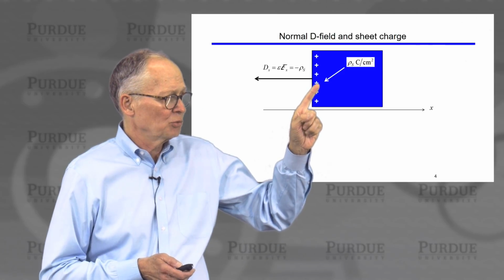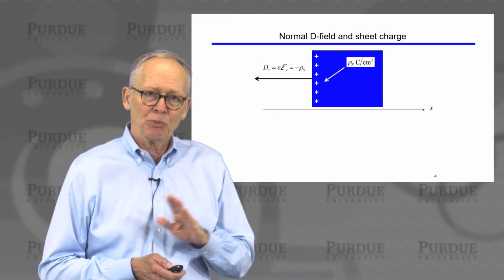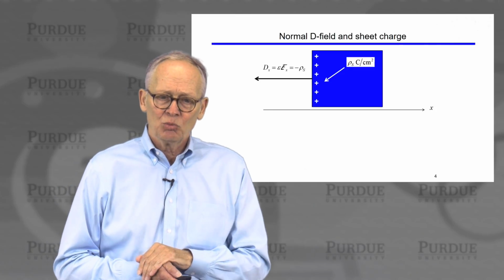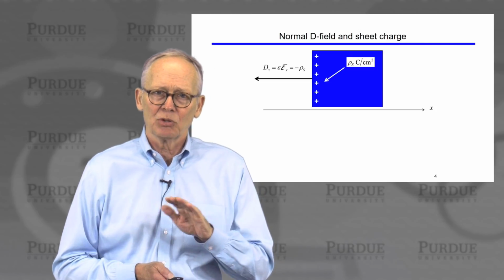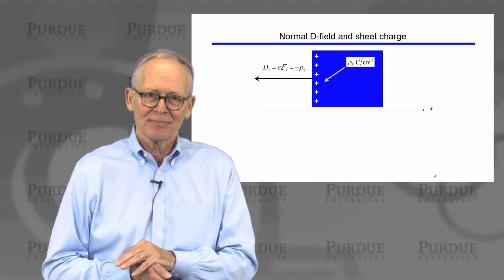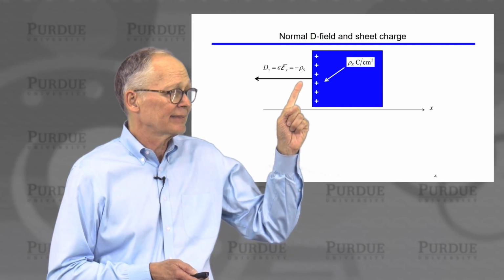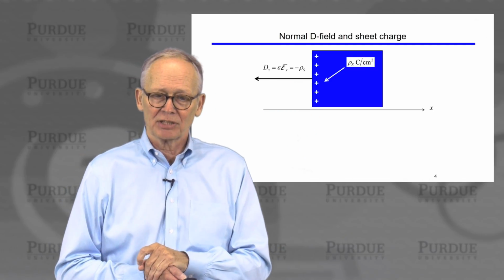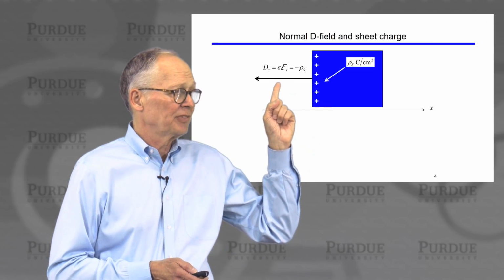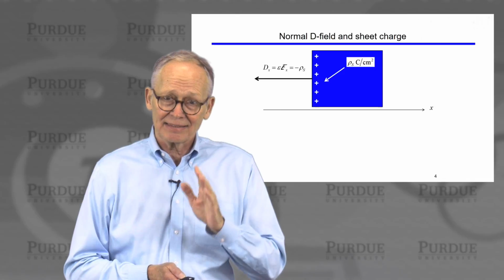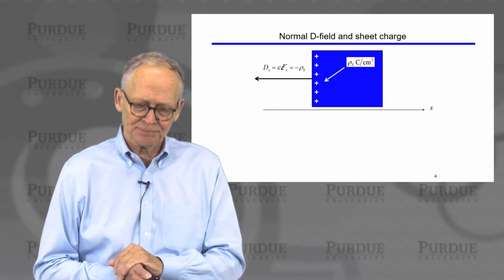That sheet of charge will produce a D field that points away from the charge. The magnitude of the D field will be the charge density, we usually write rho sub s, sheet charge density in coulombs per square centimeter. It will point in the minus x direction away from the charge. So the displacement field at the surface is equal to minus the charge contained in that surface layer.